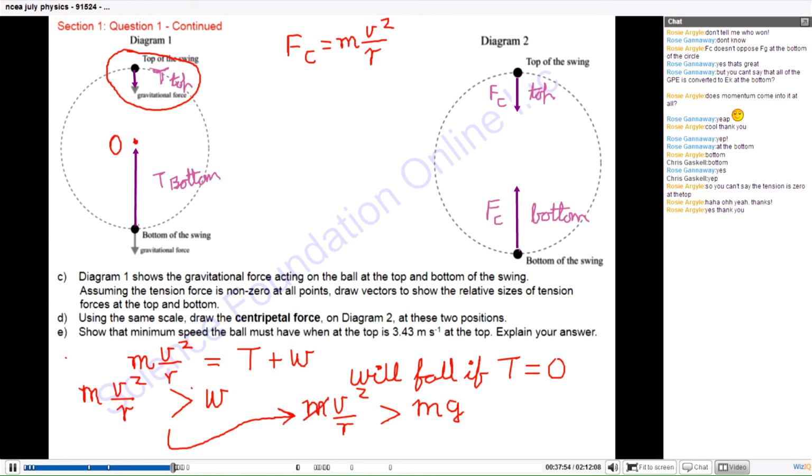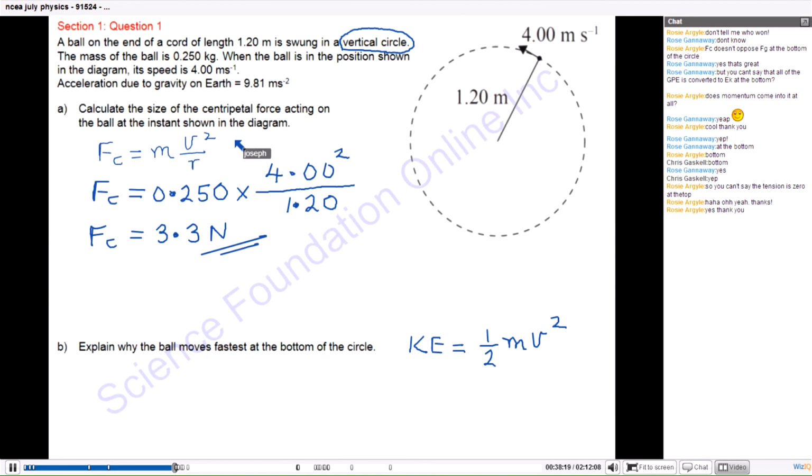The mass cancels out on the two sides. v must be greater than the square root of g times r. We gave the numbers on the previous page. g, of course, they said to use 9.81 and the radius was 1.2.